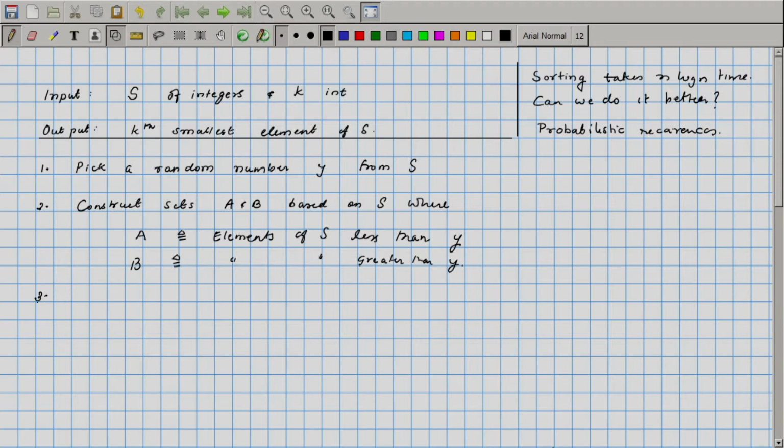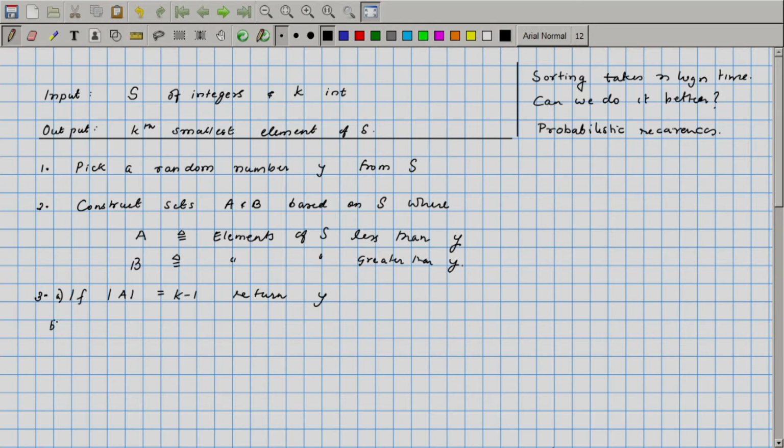And the third step would be, if size of A is equal to k minus 1. We will assume for the time being that S contains distinct elements, there is no repetition. So, if A contains k minus 1 elements, then return y as the answer.